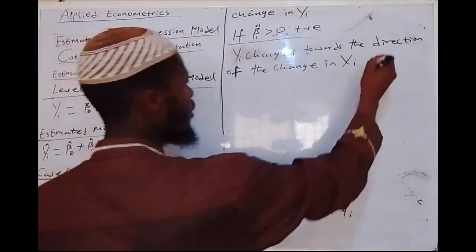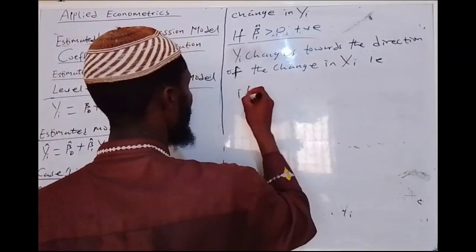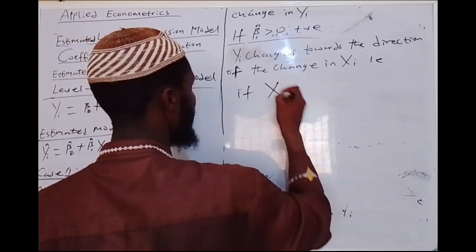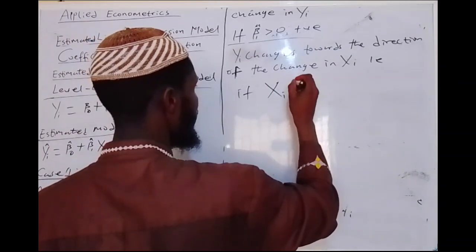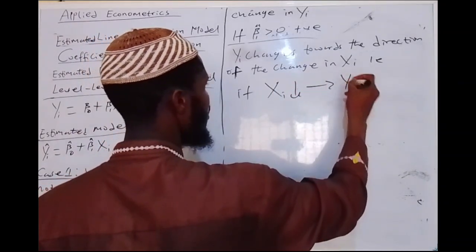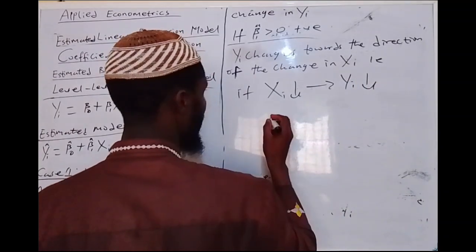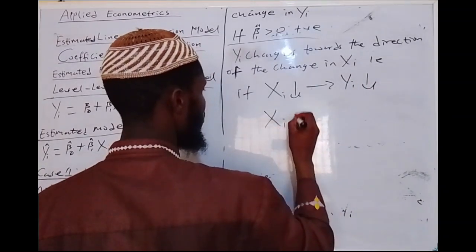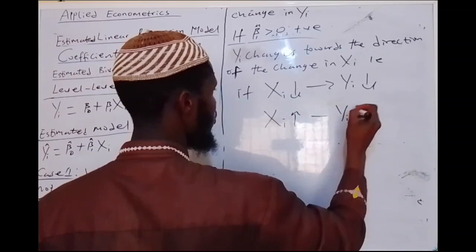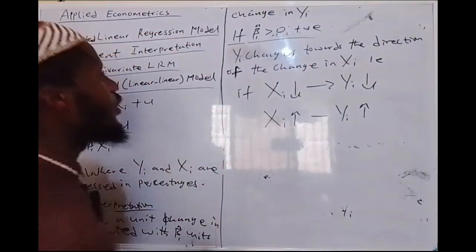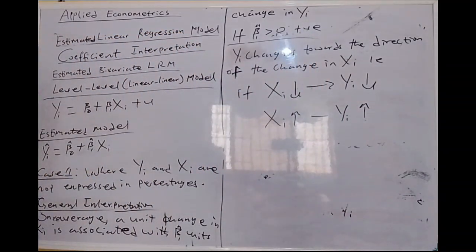In other words, if x falls, y will also fall, and if x rises, y will also rise. They move in the same direction.